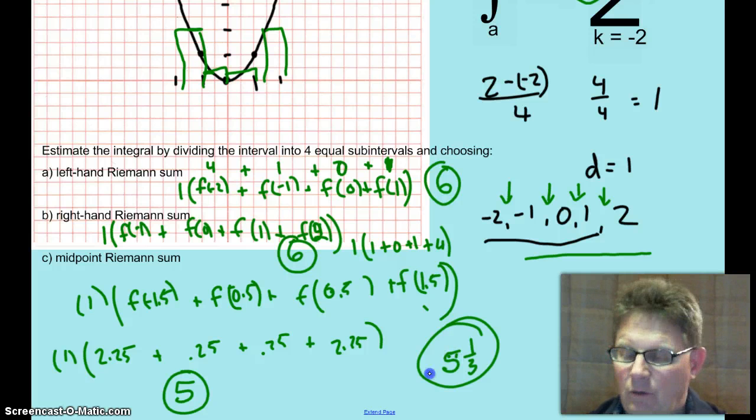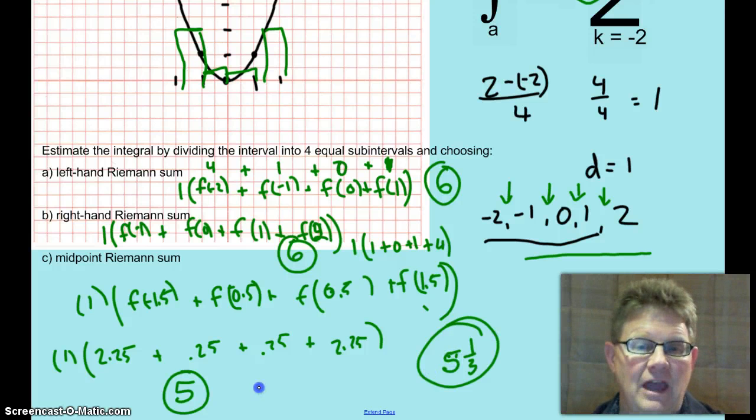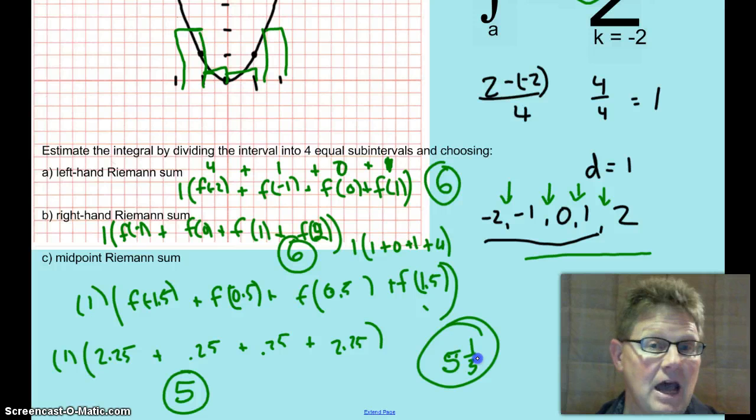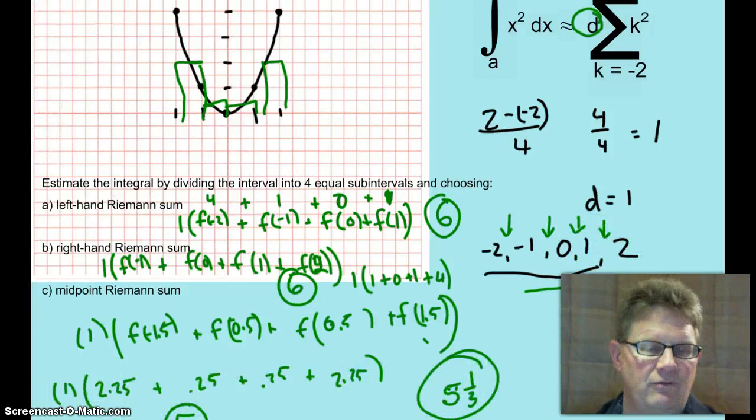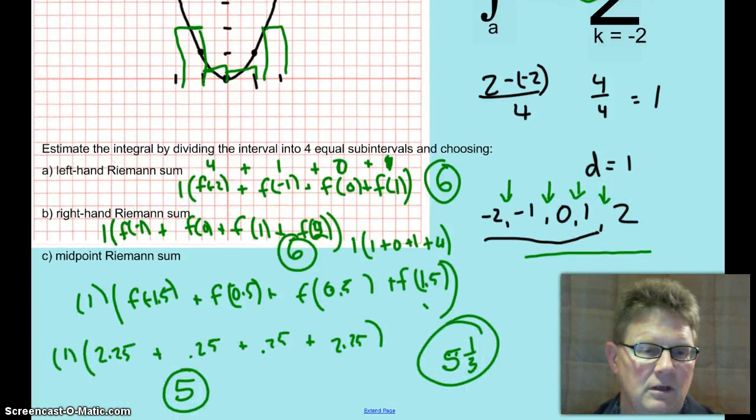And remember, we've done things backwards. They were trying to get to 5 1/3, not knowing that it was 5 1/3, because they did not yet have this whole integration thing. They were just trying to come up with a formula for the integration thing. This does conclude Definite Integrals Part 1, Riemann Sums.